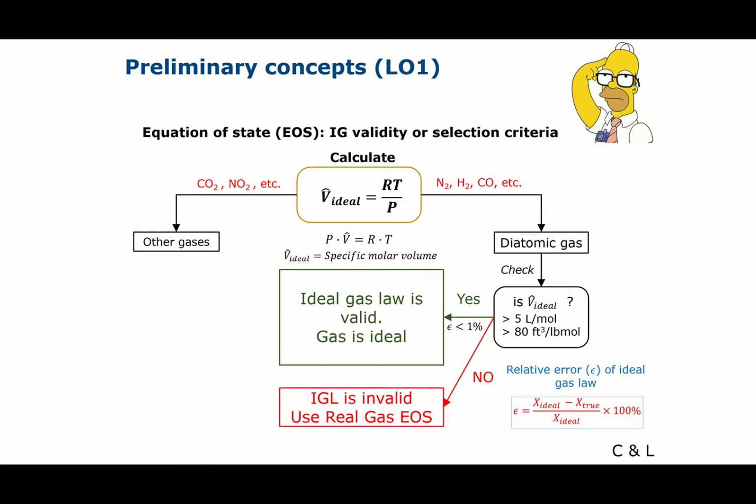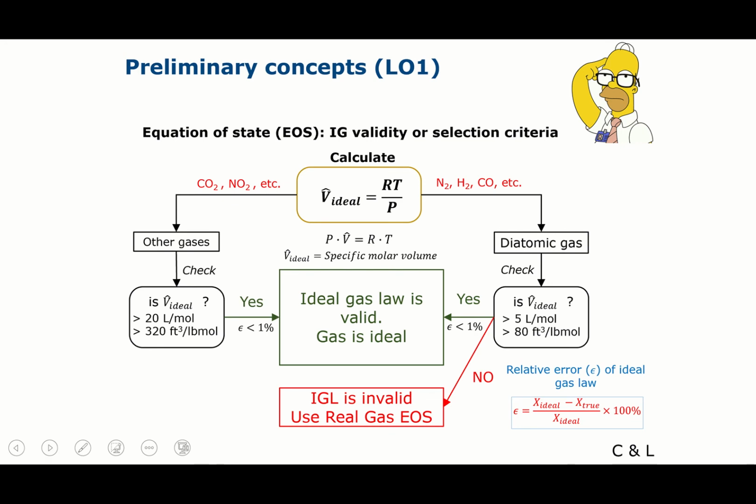On the other hand, if we have other gases like carbon dioxide, NO2, etc., the criteria is a little bit different. For other gases, the specific molar volume should be greater than 20 liter per mole, and if the answer is yes, the ideal gas law is valid, and if the answer is no, in that case we have to use the real gas equation of state. Again, the logic is the same.